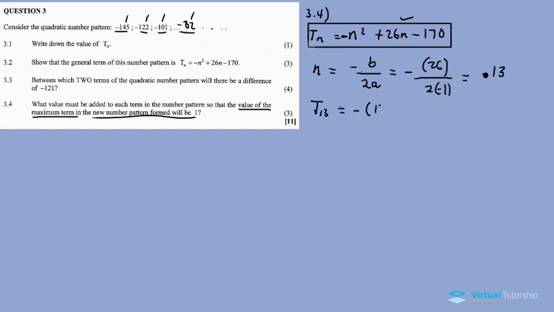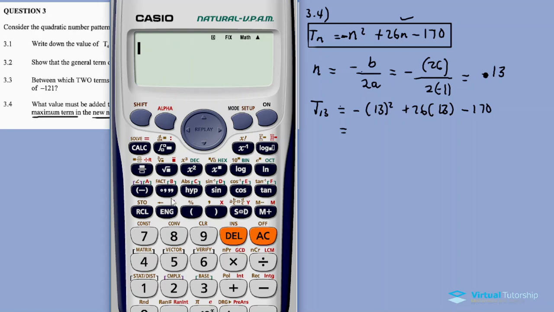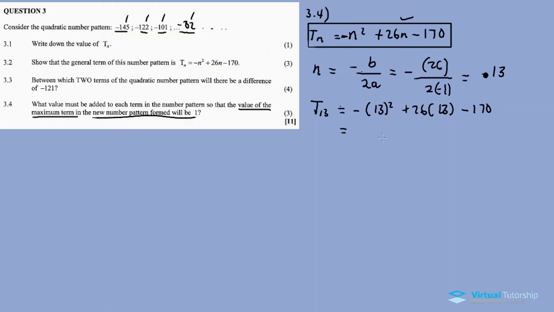Substituting n with 13: 13 squared plus 26 times 13 minus 170, with the negative on the squared term, equals negative 1. So the 13th term is the maximum term, negative 1, for this number pattern.